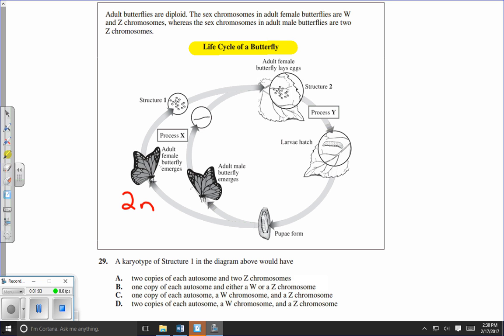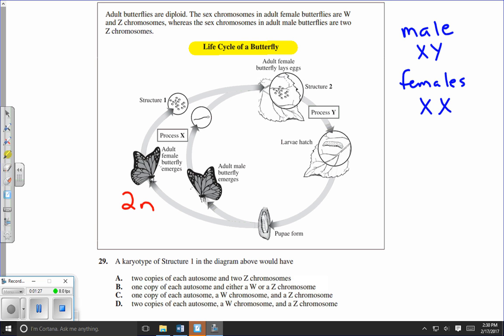In human beings, we are all familiar with the fact that males, for their sex chromosomes or gender determining chromosomes, have an X chromosome and a Y chromosome, the 23rd pair. And for humans, females, what makes them females is 2 X chromosomes in that 23rd pair that determines their gender.